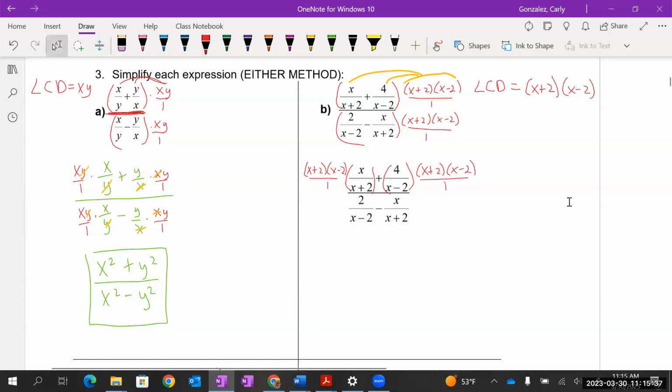A lot of times I'll skip this step and just go straight here, or just write that top one and figure out what cancels. Once you get practice, you'll only write out one of these two steps shown.